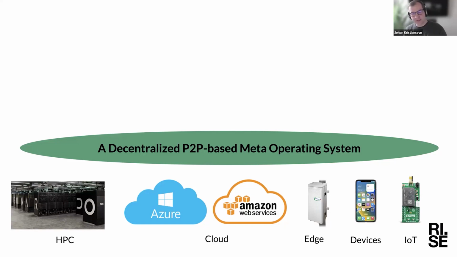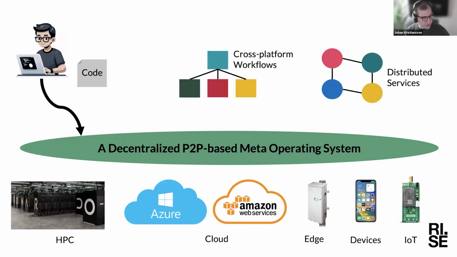But I would argue that it would be really nice to bridge the gap between all these and combine all the underlying platforms. So a developer would use this meta operating system, and you would be able to run workflows and services on top of it.